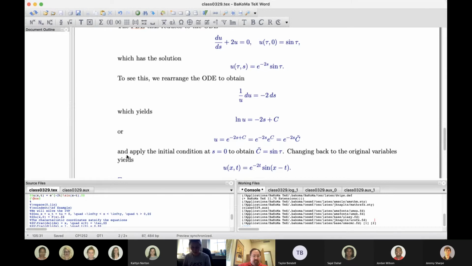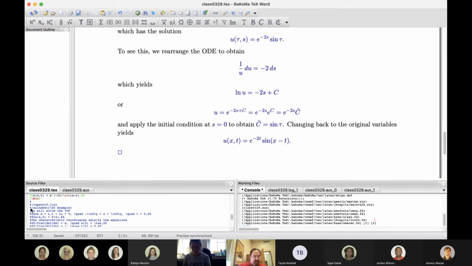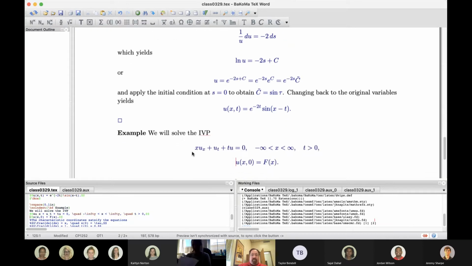Okay. Now I'll do another. Okay, so now we have a variable coefficient. So we have x as our coefficient of du dx.